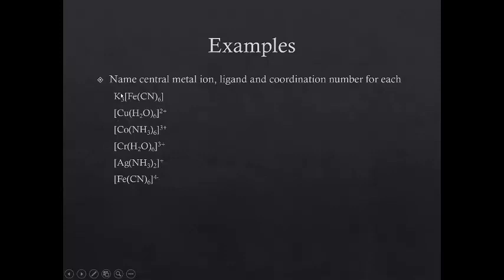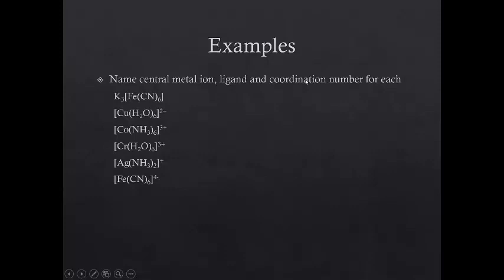So I want you to be able to, for each of these, name the central metal ion, which should be pretty easy. If you look here, you can see it's iron, copper, cobalt, chromium, silver again, which is the same one we just did, right? And iron again. Where is our ligand? Our ligand here is cyanide, water, ammonium again, water, ammonium, cyanide.